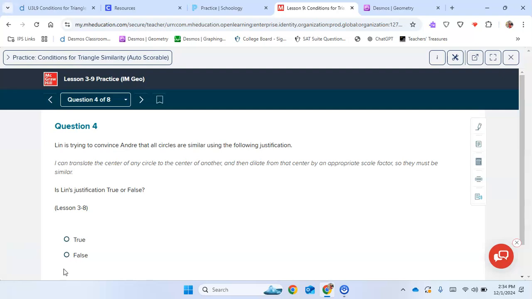You just translate the center point, and then you dilate until you have the same circle. So is Lynn's justification true or false? True.